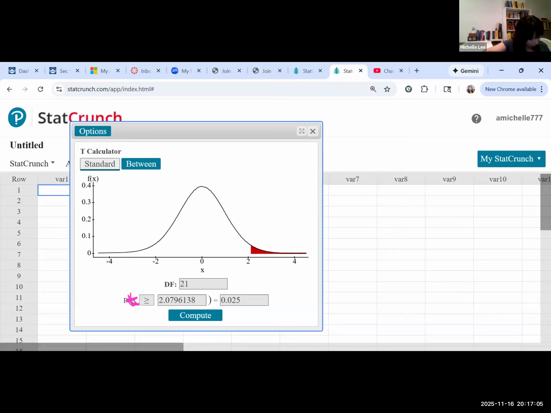Yeah, it was 95. Okay. Let me see. I'm checking. 2.0796. Yeah, they're using 4 decimal places.